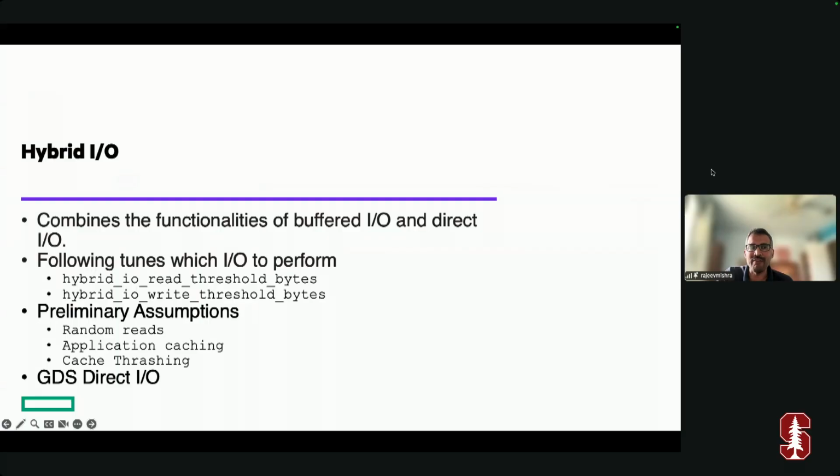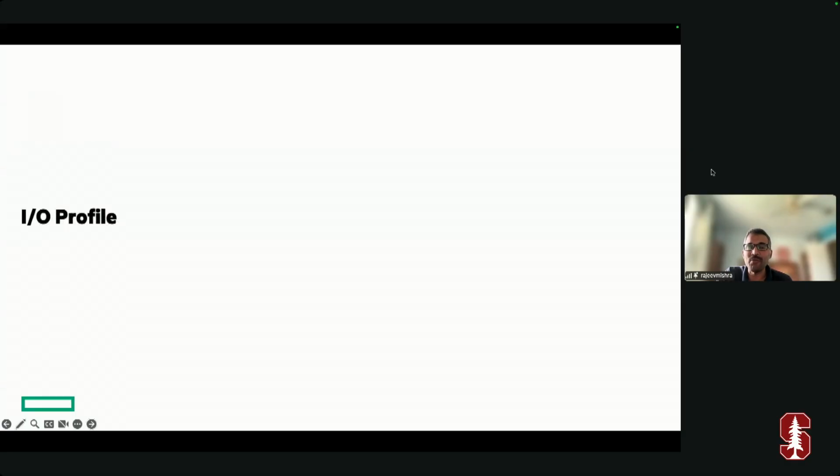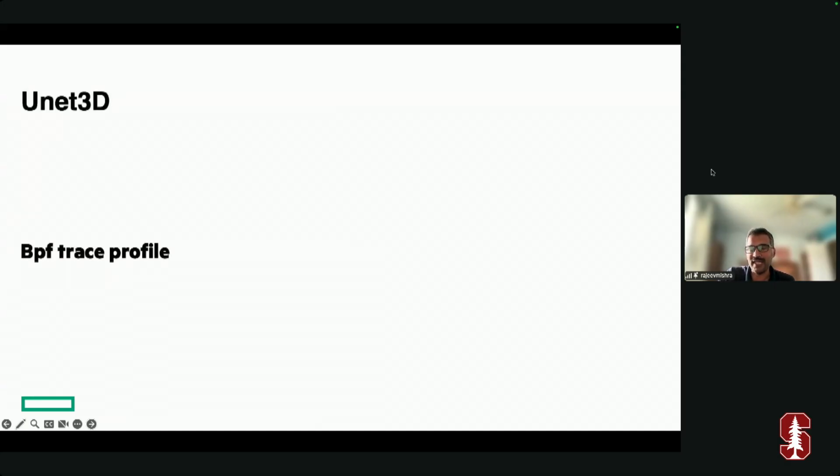Now I will jump on to the IO profile. In the IO profile, I used two approaches. One was BPF trace, so I was collecting BPF traces when these workloads were running.